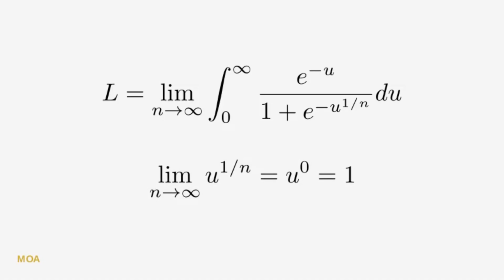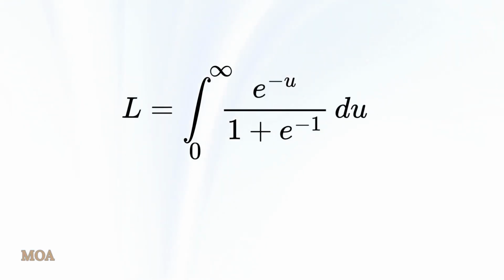Notice that as n tends to infinity, u to the power of 1 over n approaches u to the power of 0, namely 1. Consequently, the integral L becomes equivalently equal to the integral from 0 to infinity of e to the negative u over 1 plus e to the negative 1 with respect to u.